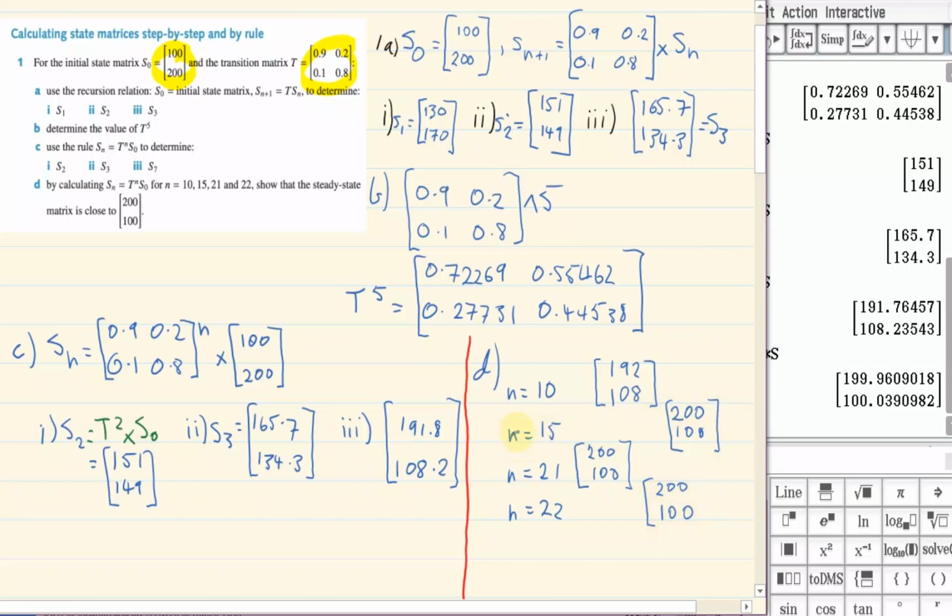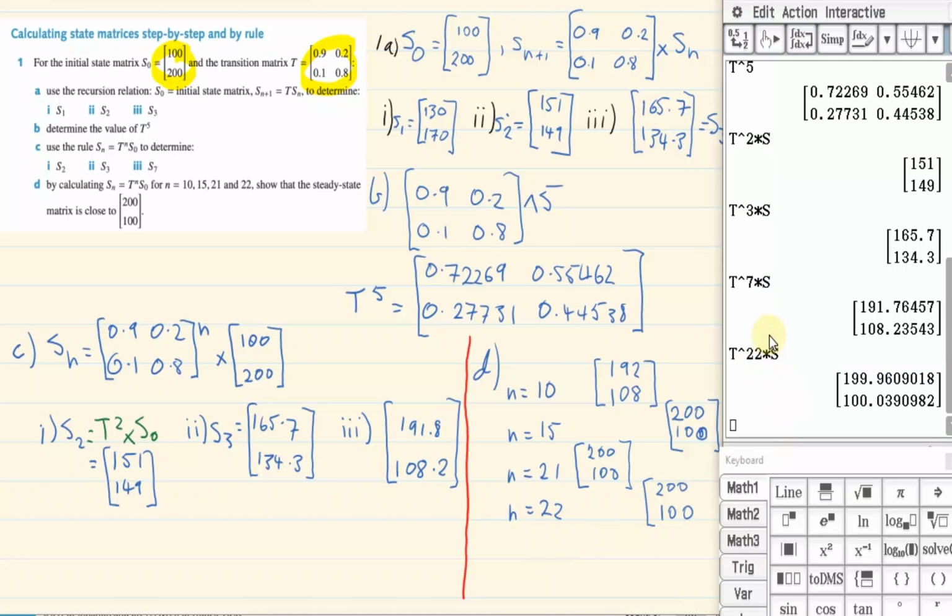So you can see after we hit the 15th state, when we round, we're getting a state matrix of 200 and 100, and that's continuous as we go. We could plug in 100 here, for argument's sake.